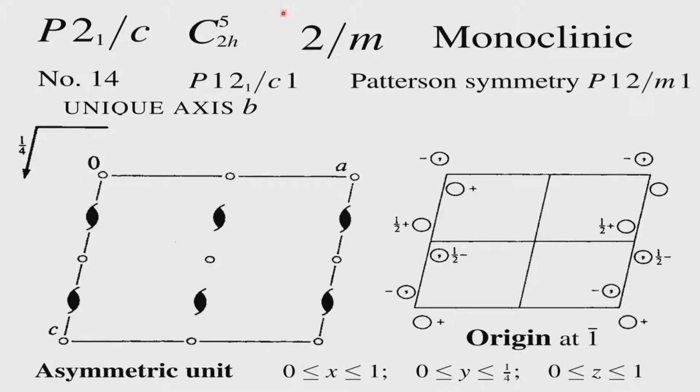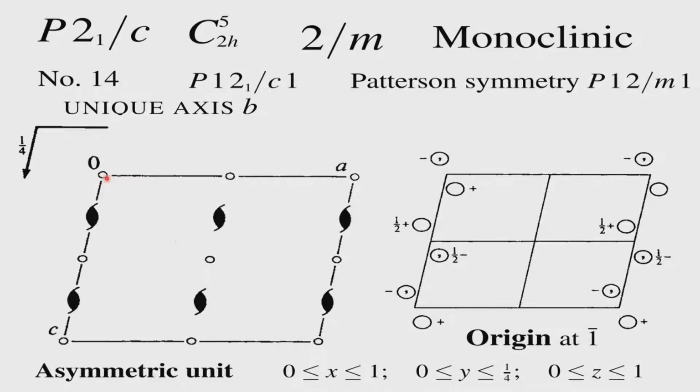Since the system has to be centrosymmetric, the origin must be at the center of symmetry, that also we decided. And in fact, we derived the equivalent points of P21 upon C in the previous class based on this. So, here you see that the origin is the center of symmetry.